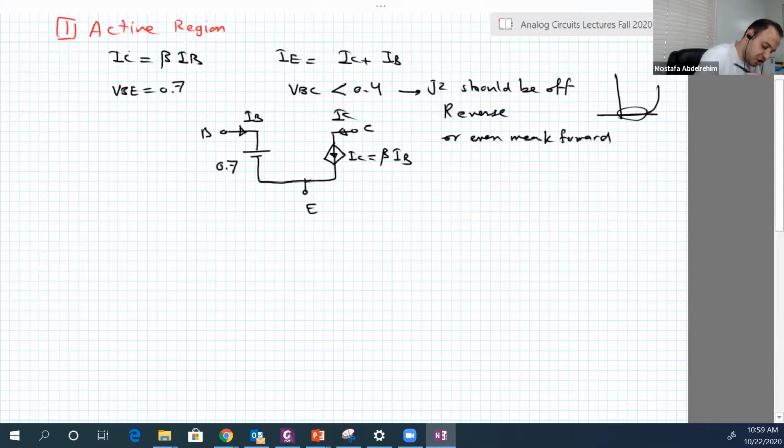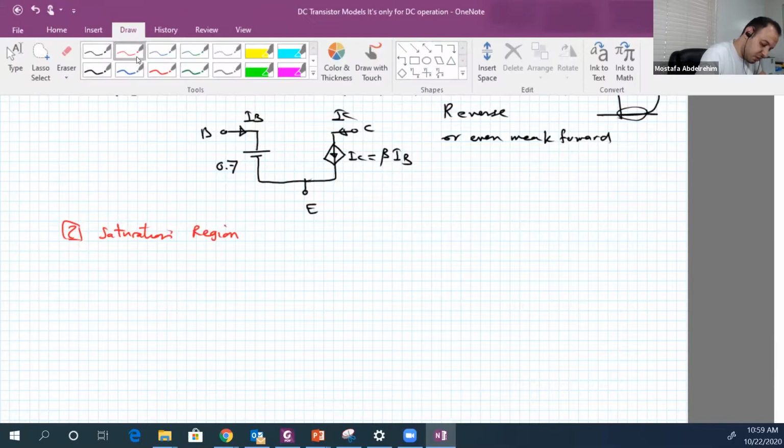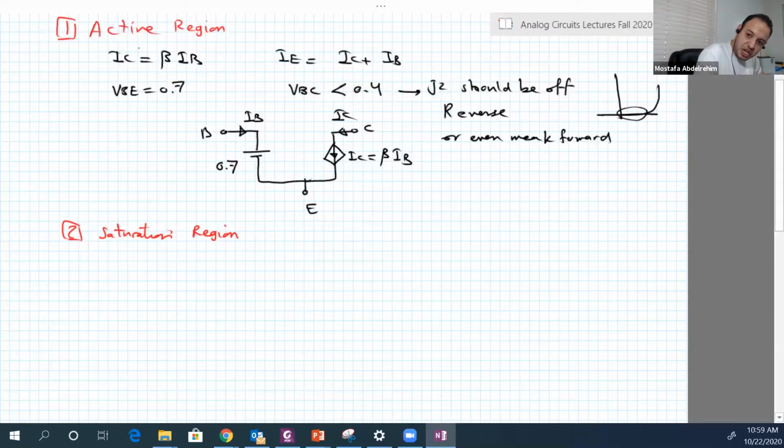How about the saturation region model? Some equations will change, some will not. This is usually not changing, but these two will change.